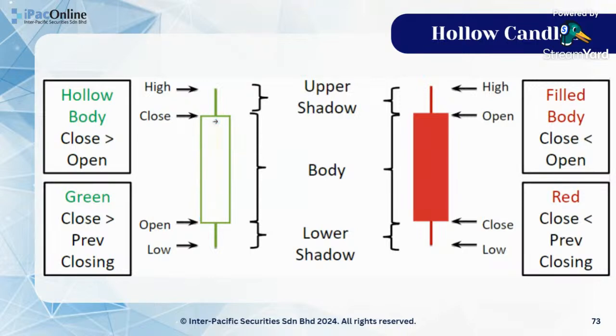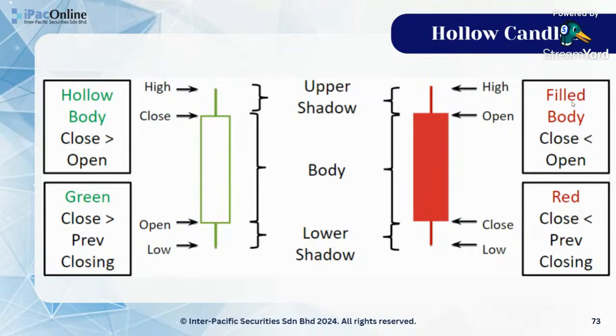Hollow candles are slightly different from the traditional Japanese candlesticks that I shared just now. One thing that is very different about hollow candlesticks is that the body can be hollow or it can be filled.